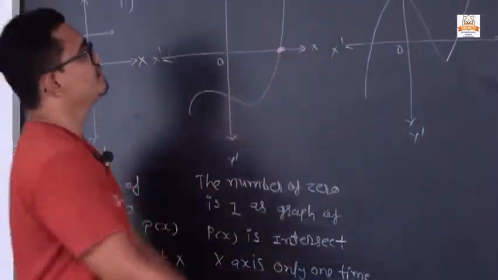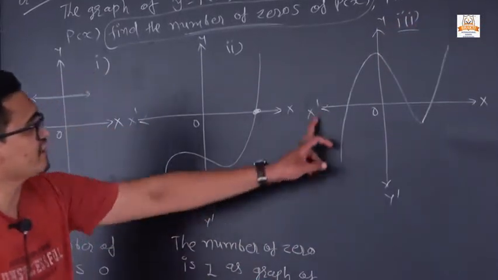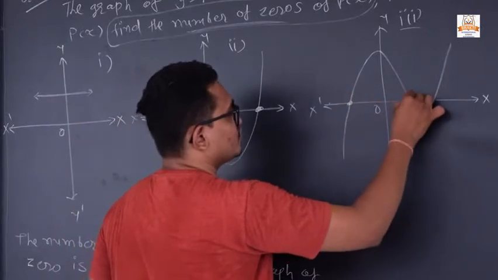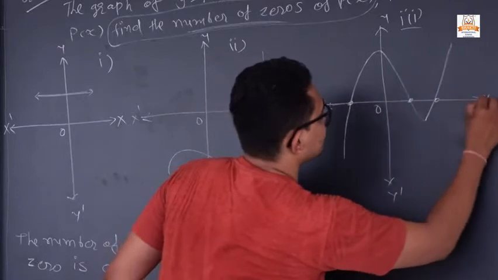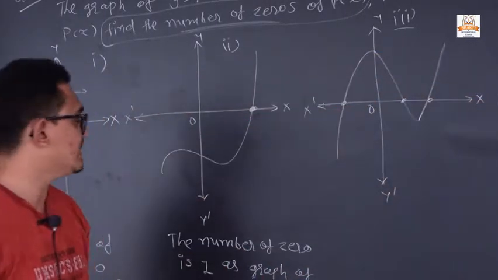Now see question number 3. What happens in question number 3? See, this graph cuts 1, 2 and 3. How many times does that graph intersect the x-axis? 1, 2 and 3 times. So how many zeros does that graph have?